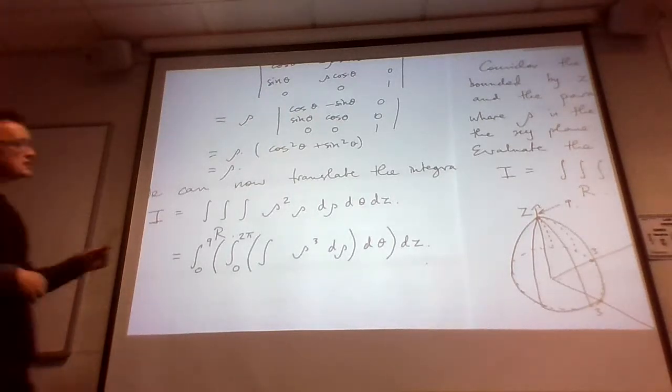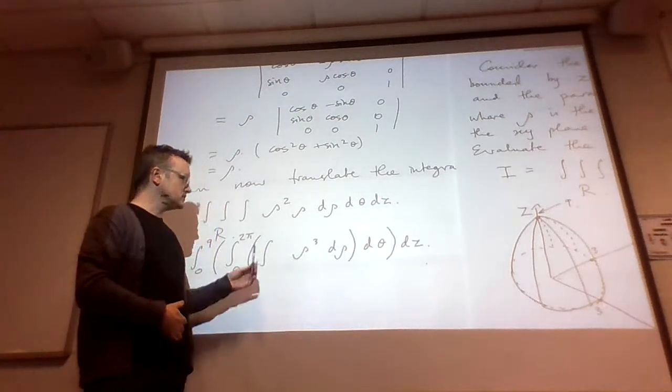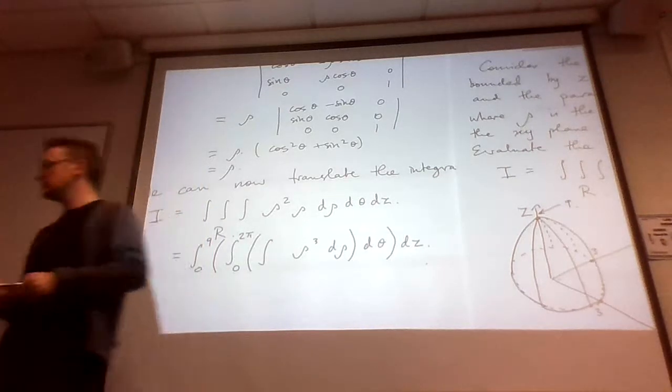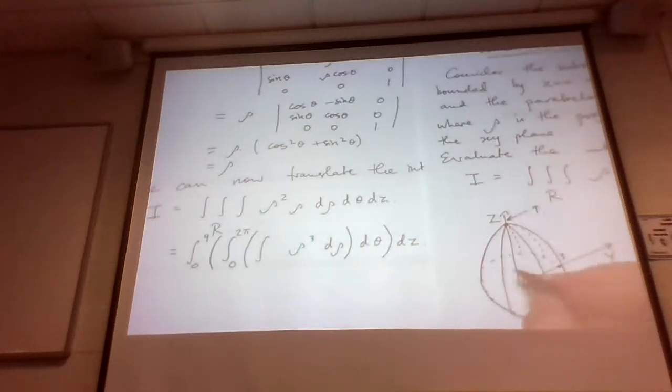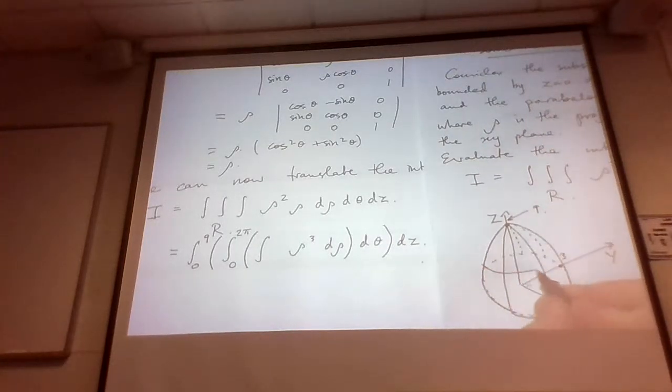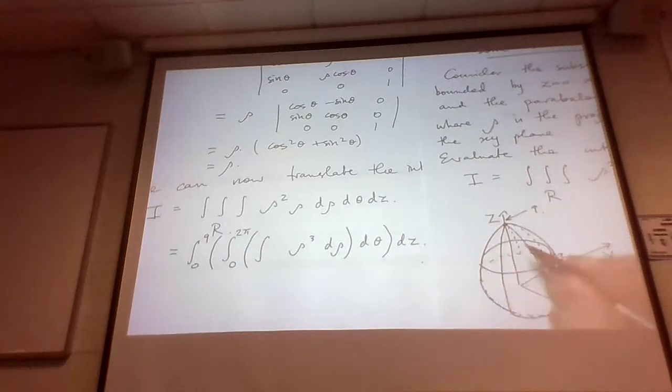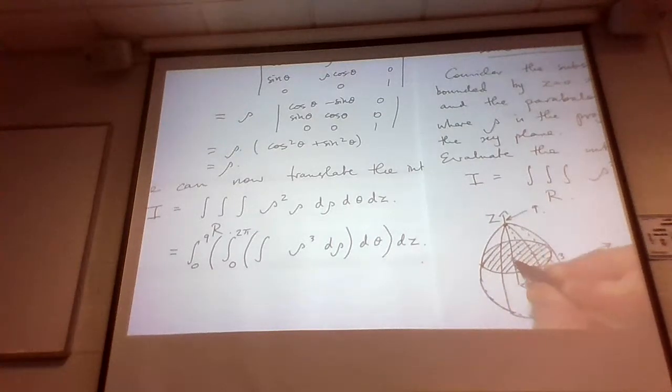So between what limits of the rho variable do we need to integrate to capture the region? Well, by the time we get to the inner integral, we're talking about some kind of disk cross-section located at a certain height along the z-axis, and we're considering a certain fixed theta angle. There's the x-axis, so we're considering a certain angle theta there.